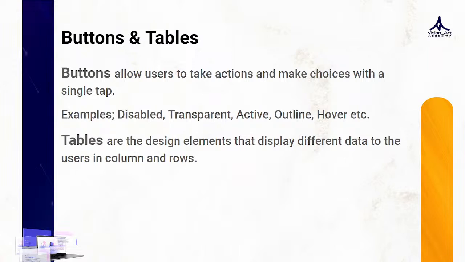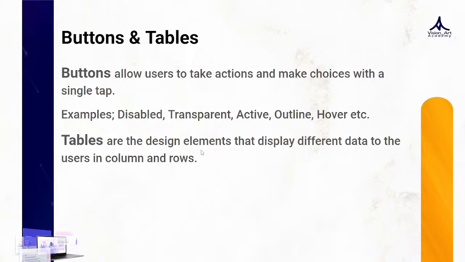This kind of approach is used for a tooltip. A tooltip is not about clicking, it's about what happens when you hover on it. So when you hover on a particular thing, something happens. That's about buttons. We also have different kinds of buttons.